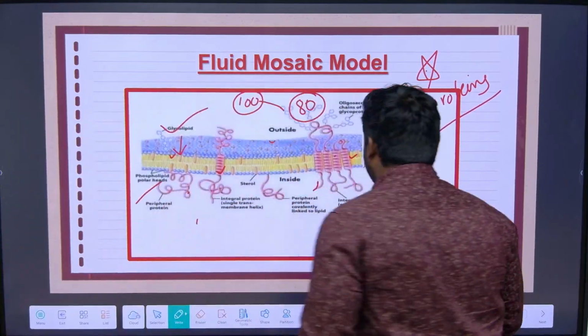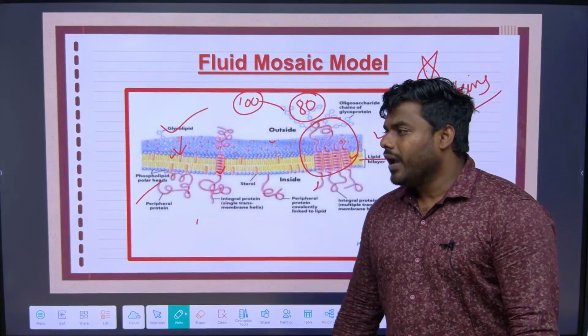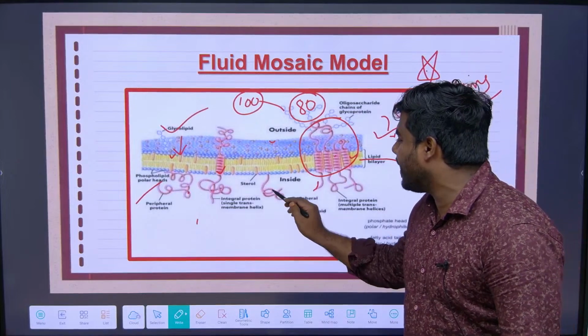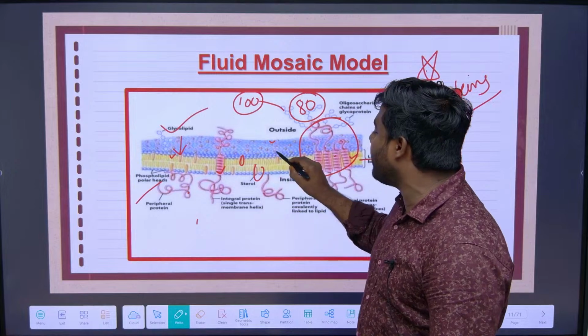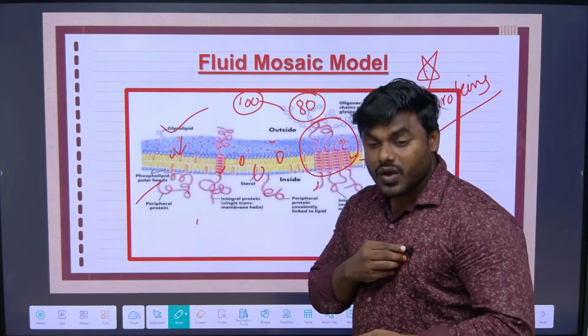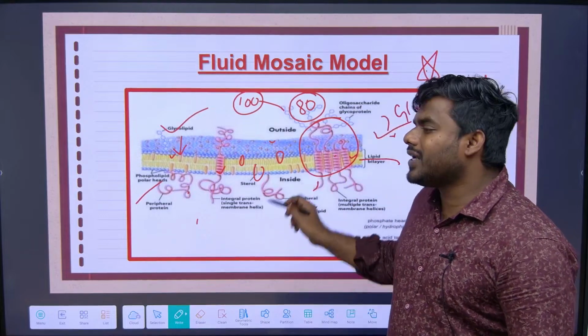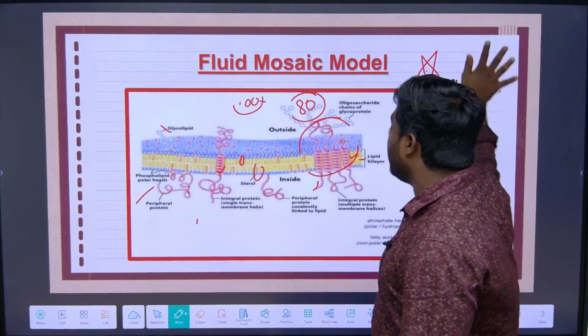So the plasma membrane contains a lipid bilayer, and it contains proteins. Apart from the lipids and proteins, what else does the plasma membrane contain? The plasma membrane contains cholesterol. What is the function of cholesterol on the membrane? What's the function, everyone? What is the major function of cholesterol on the plasma membrane? Everyone, online people. Very good.